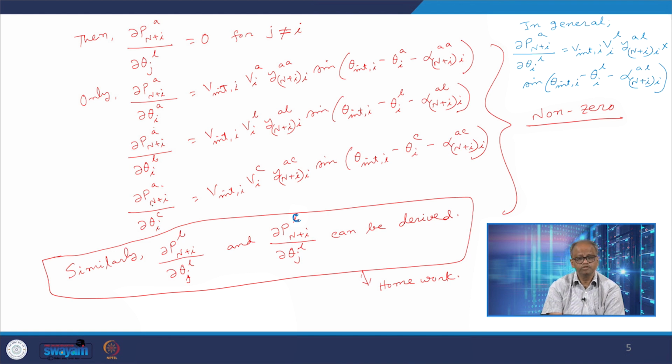Essentially it will be del Pn plus Ib by del theta IL, that you need to derive, because for any j not equal to I they would all be 0, but you should be able to figure it out yourself. So this is homework.